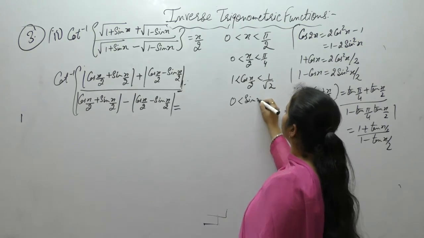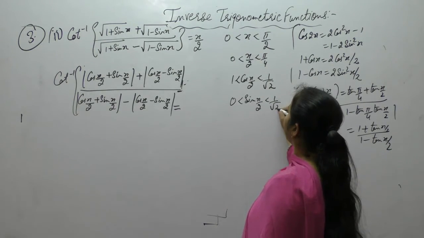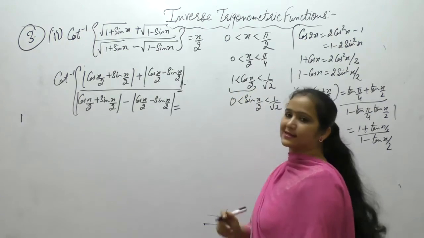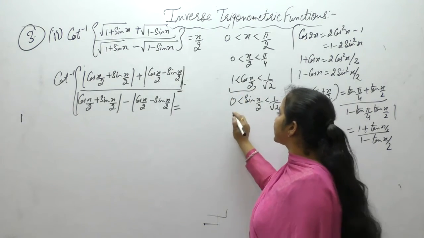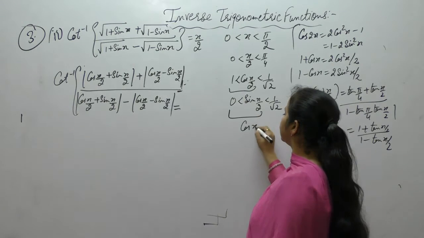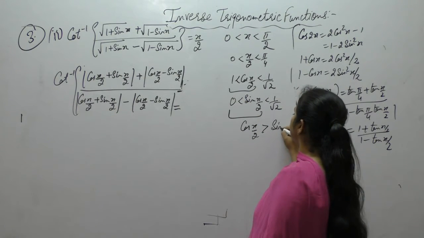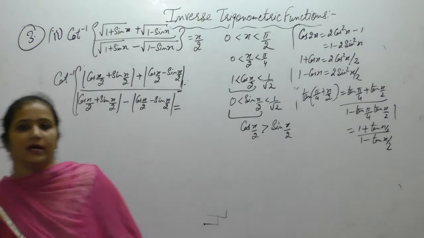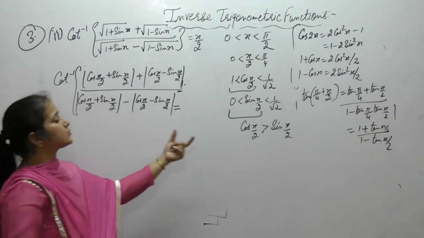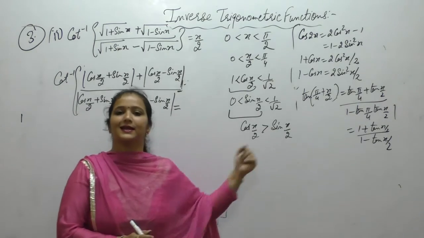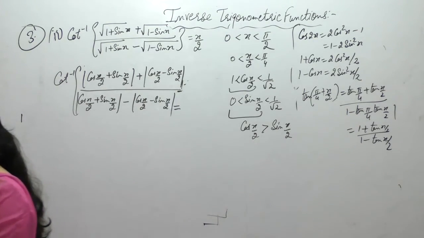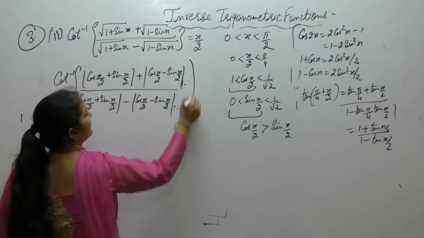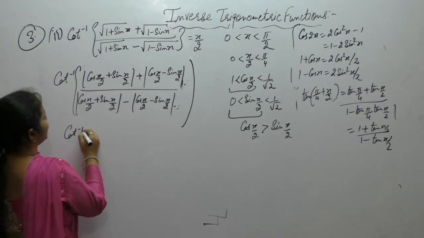Sin x by 2 is less than sin pi by 4, which also has this value. It means cos x by 2 is greater than sin x by 2. If it is greater, it means cos x by 2 minus sin x by 2 is greater than 0.